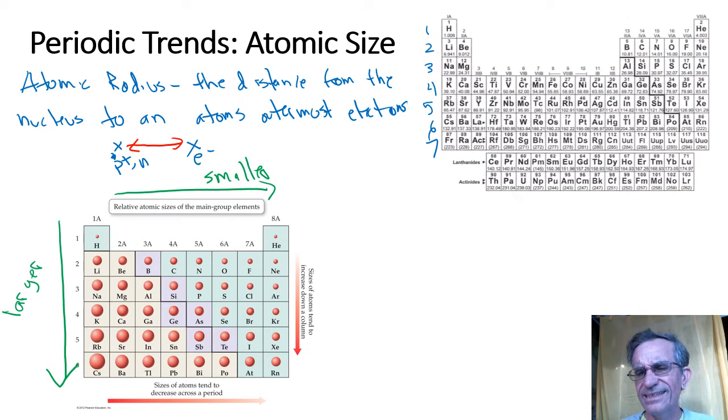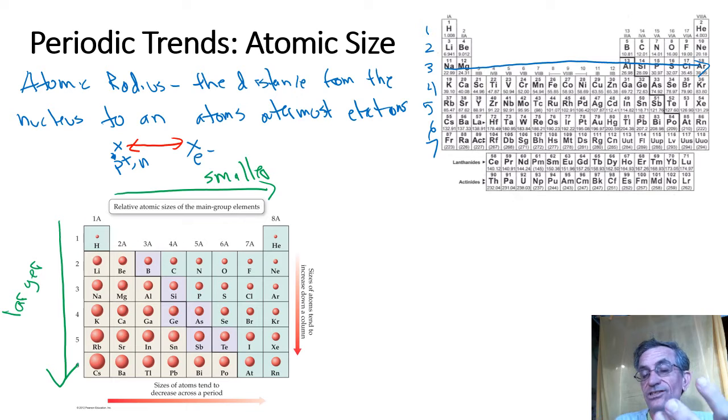Now, why would it get smaller going across? That might be the trickier one to understand. If we go across the third row here, all of these atoms are putting electrons in their third shell, right? 3s1, 3s2, 3p1, all that. So we're using the same shell, but the number of protons goes up.